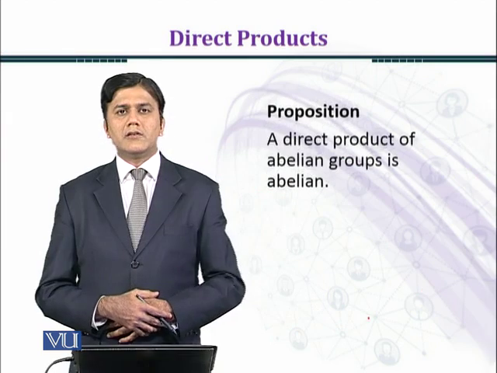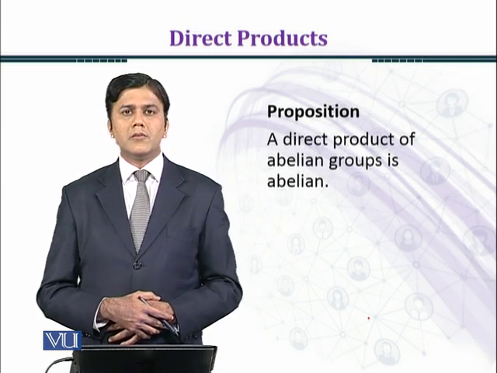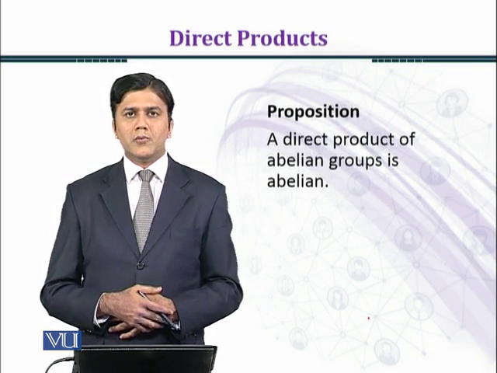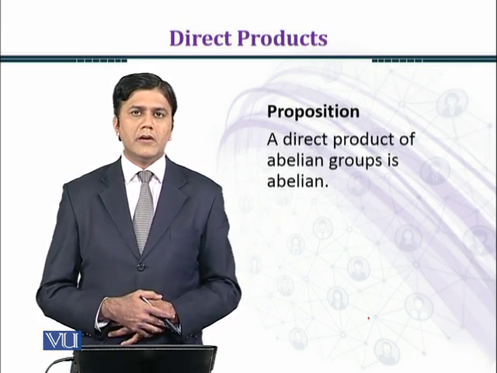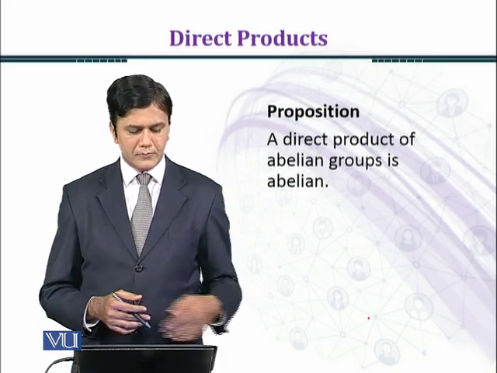Now we state the proposition: a direct product of abelian groups is abelian. And to prove this, as you know, we need to prove the commutative property.